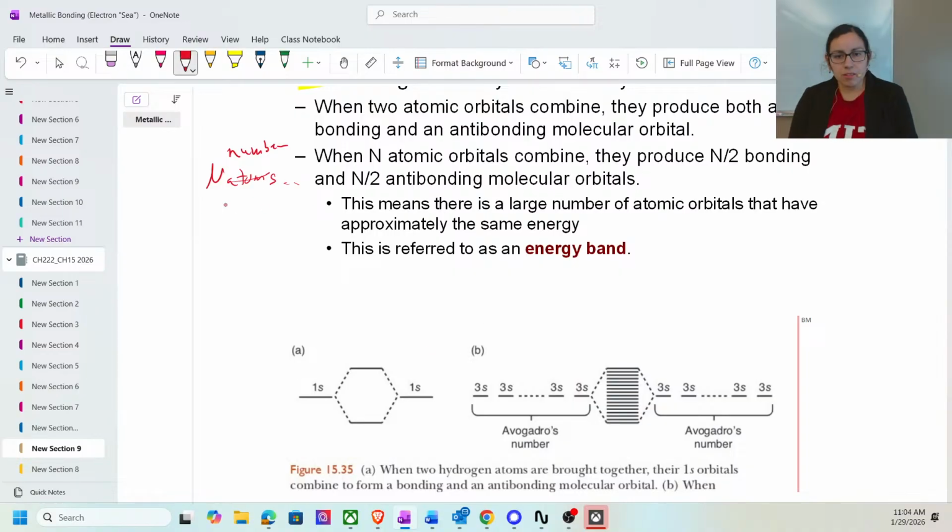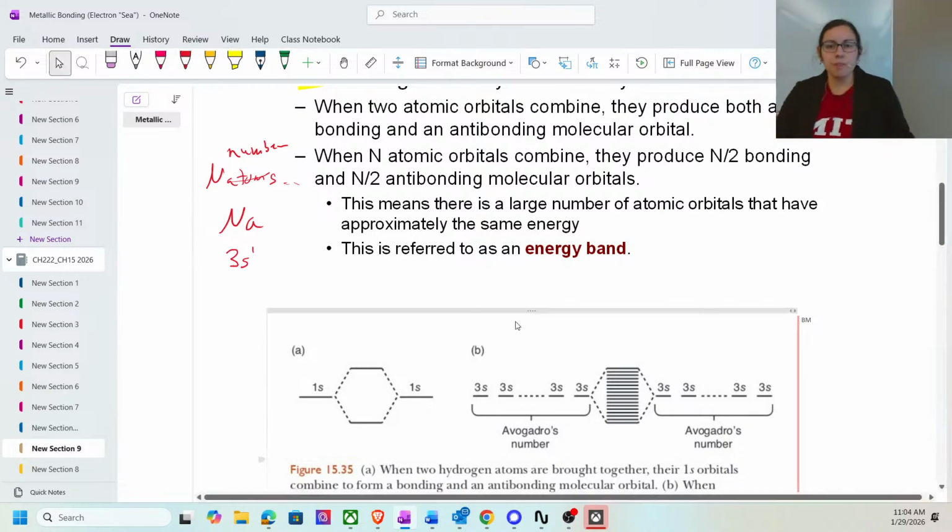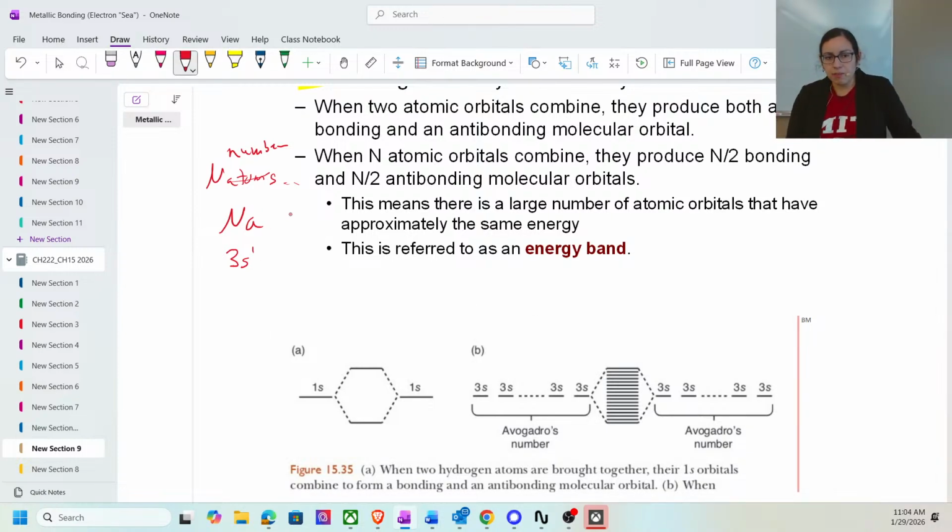Let's focus on lithium, or they have shown sodium, one of our alkali metals. Sodium has a 3s1 valence configuration. We have n number of sodium atoms, and now all these atomic orbitals combine, so we have n total atomic orbitals.